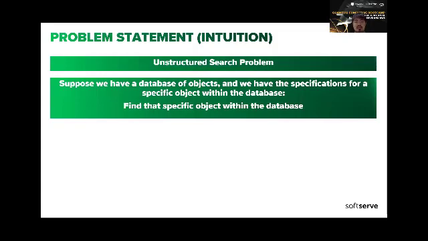If it fits, then all good. If it doesn't fit the specification, we move on to the third. I hope you can see that in the worst case scenario, you will have to search through the entire database. Can everyone see that?